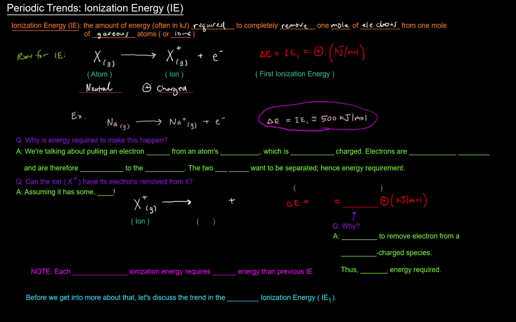Now the question is, why is energy required to make this happen? We're talking about pulling an electron away from an atom's nucleus, which is positively charged. Electrons are negatively charged and are therefore attracted to the nucleus.